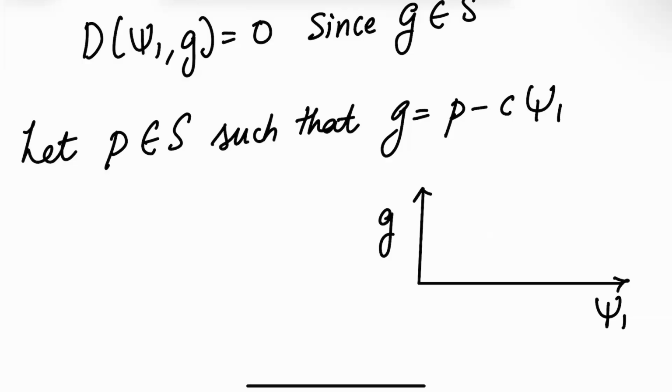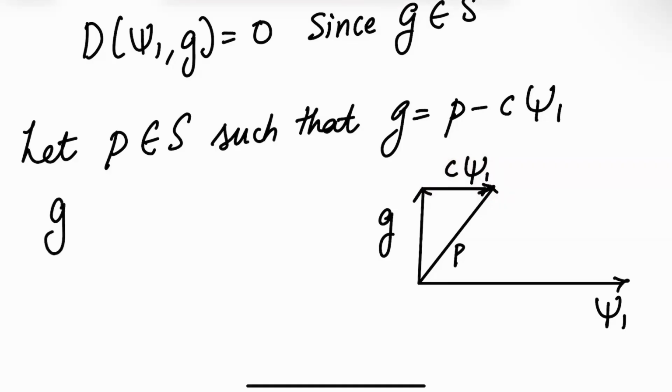Now I pick a function P, some P, such that P minus C times psi 1 is equal to G. Or you can write P as nothing but G plus C times psi 1. So it's not in the orthogonal subspace to psi 1. It has some projection onto psi 1, and that projection is precisely this C times psi 1.